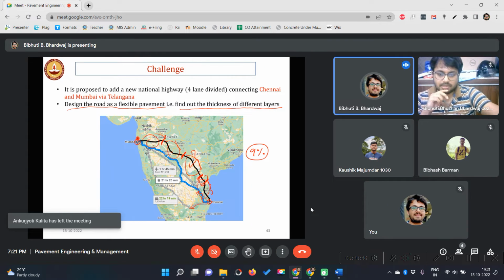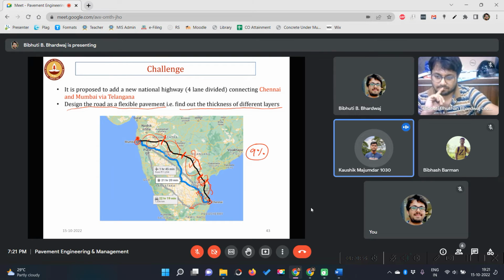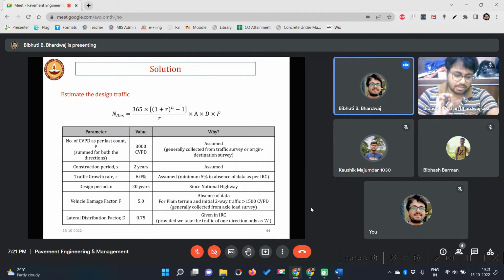we'll find out the resilient modulus of the above layers by using the CBR of the subgrade. Okay, fair enough. But before that, we learned about this traffic thing. We should know what should be the traffic. Yes, so we have to conduct a traffic survey as well to understand how much traffic should be routed to that. Yes. So, the first step should be estimating the design traffic. Okay.